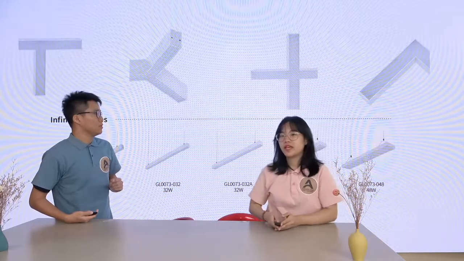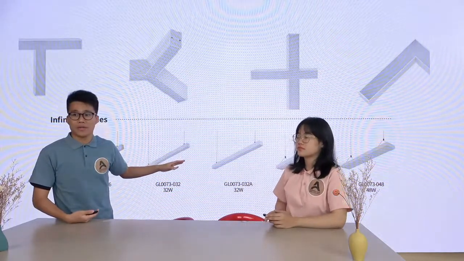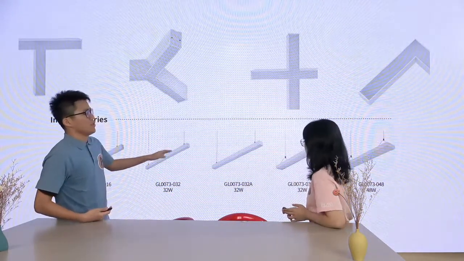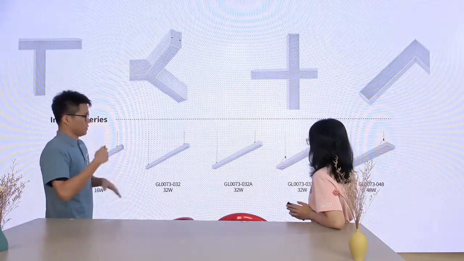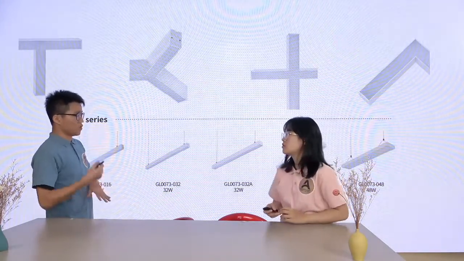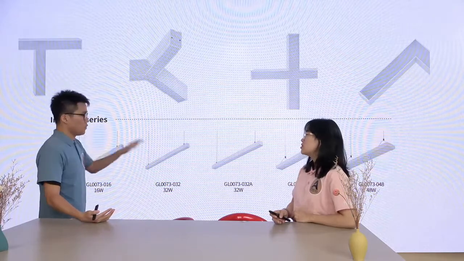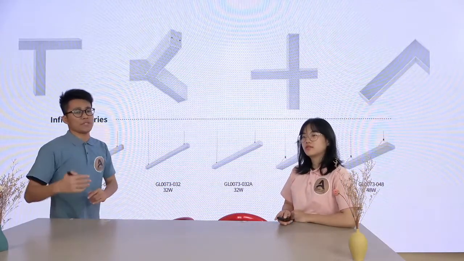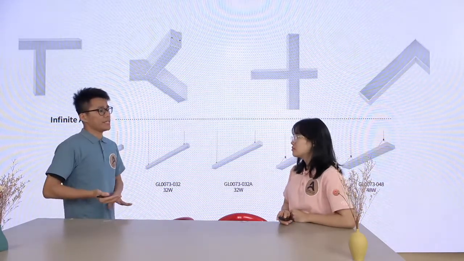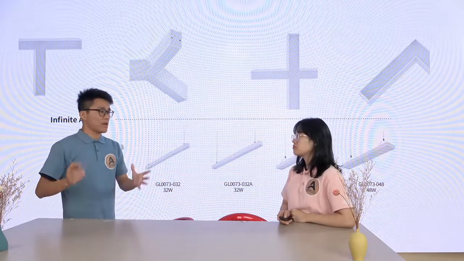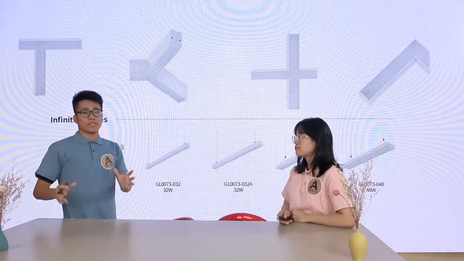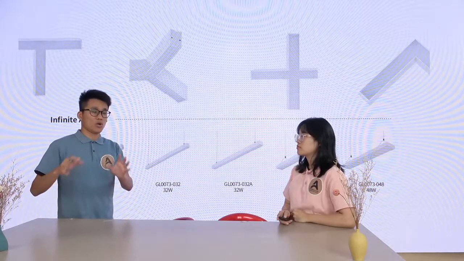Also, as you can see here, for this series we have talked about the different sizes. Of course, we also have different wattages, because the height of the ceiling is different and the space and area of your office is different.